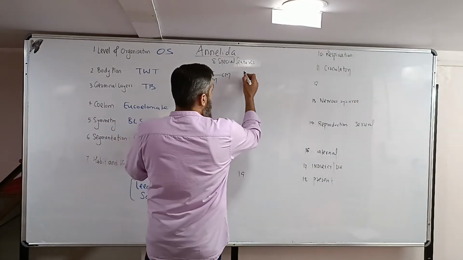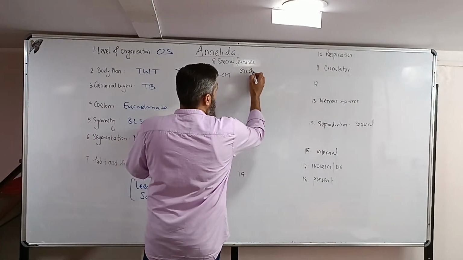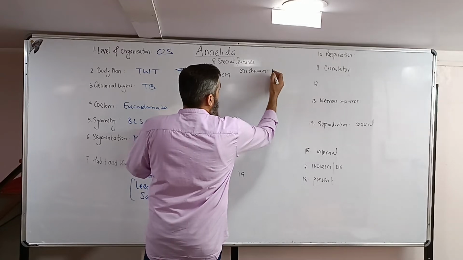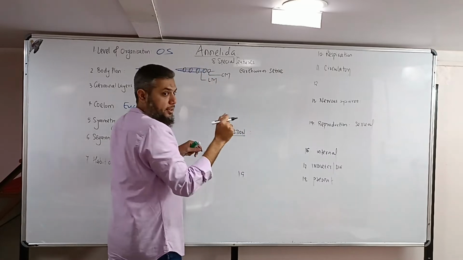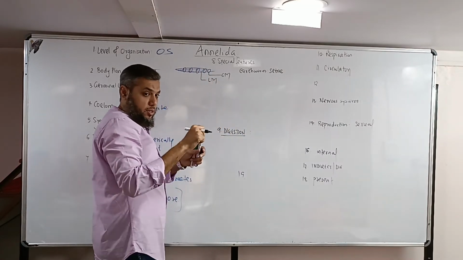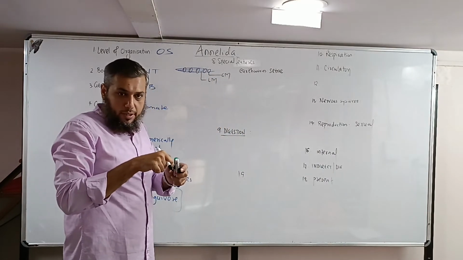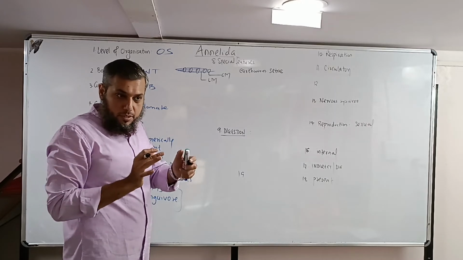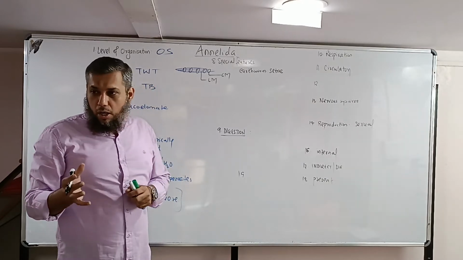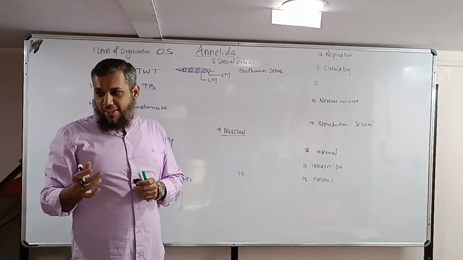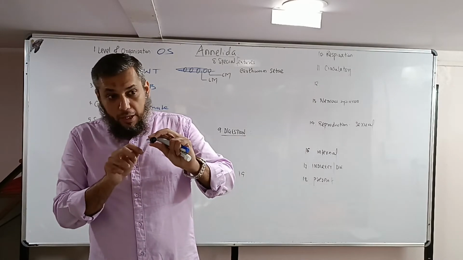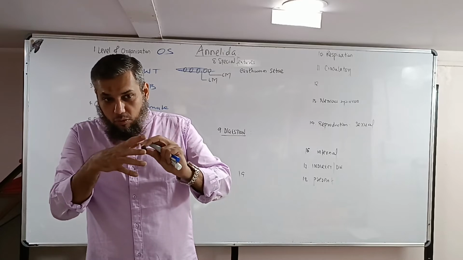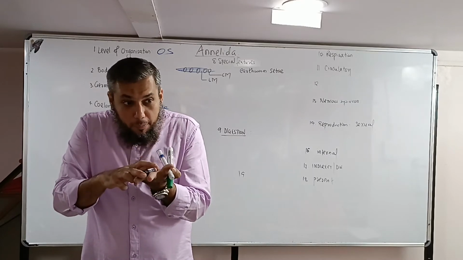Like if you remember, in the case of earthworm, we had talked about setae. You remember setae, S-shaped structures. The earthworm anchors itself in the soil and then uses muscles. You haven't forgotten, guys. The earthworm pushed chitinous setae outside and then gripped itself in the soil.